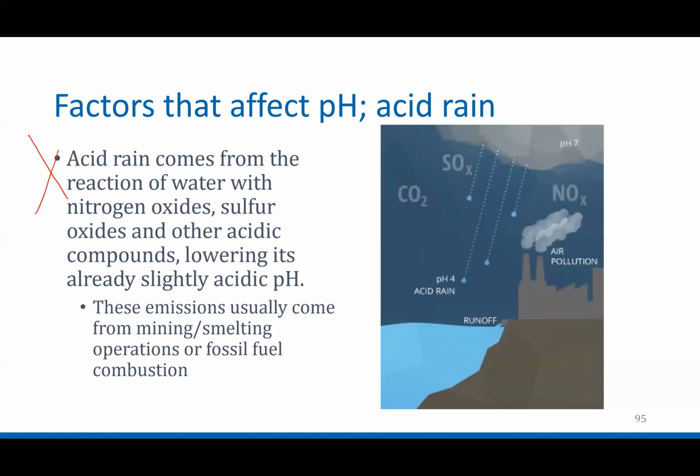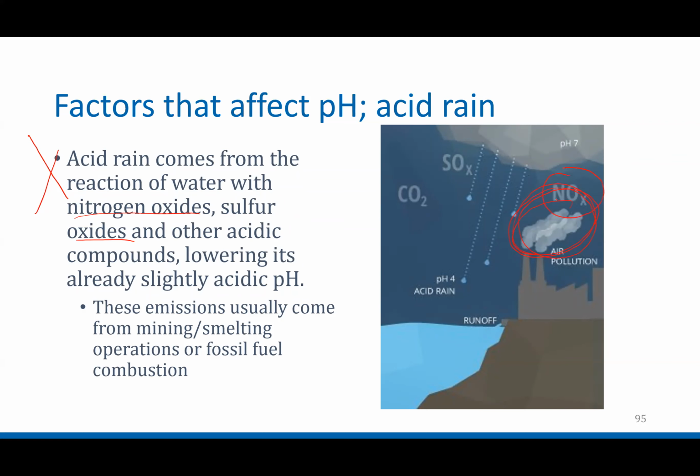Now, nitrogen and sulfur oxides, for example, are products of burning fossil fuels, or oil and gas, the combustion of petroleum. I don't know if I'm saying that right, but the burning of fossil fuels, that's what I should be saying.